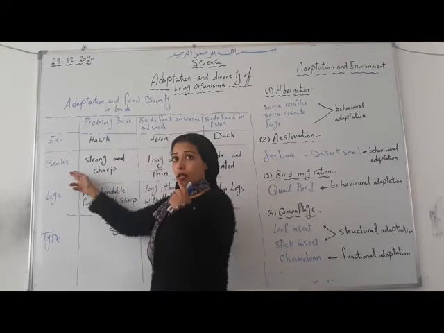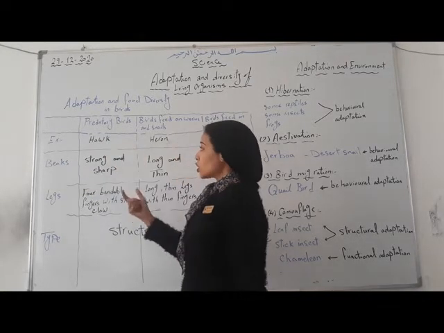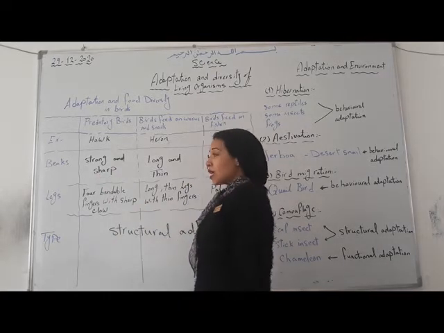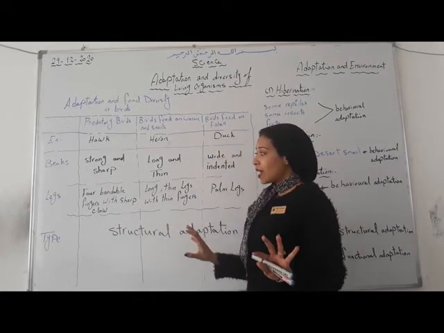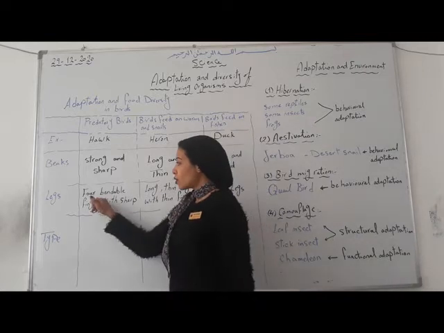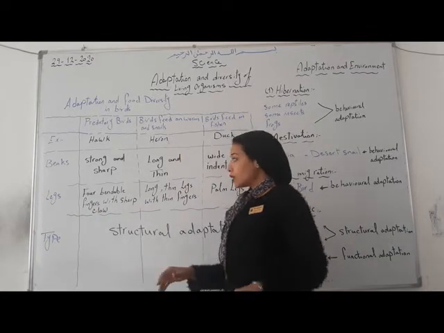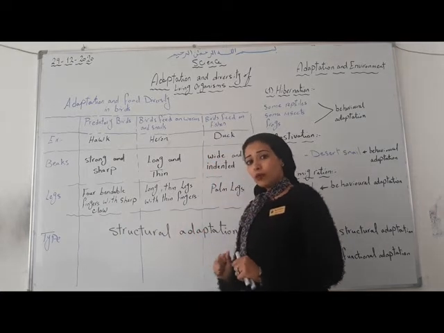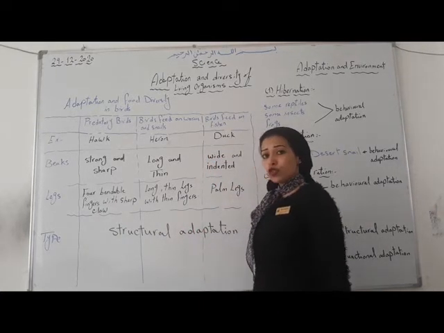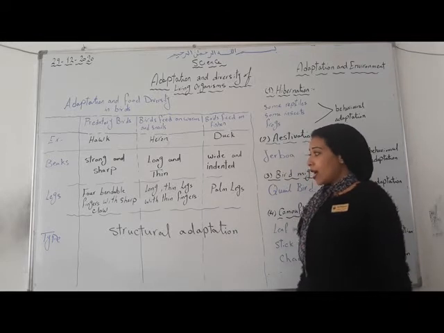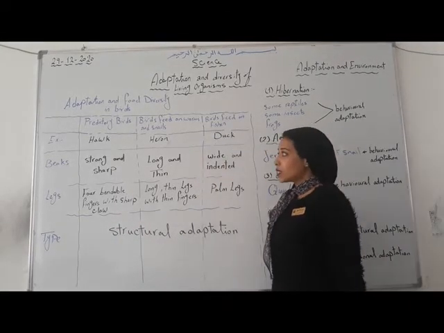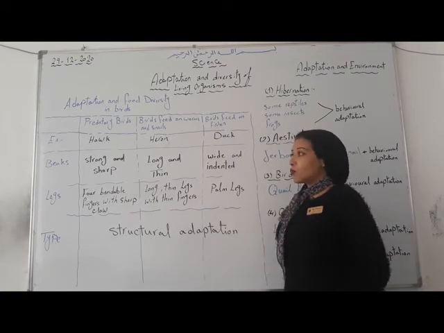Its beak is modified to become strong and sharp to tear the meat of their prey, and their legs have four bendable fingers with sharp claws to help it tear the flesh of the prey, and this is a type of structural adaptation because it happened in a part of its body.